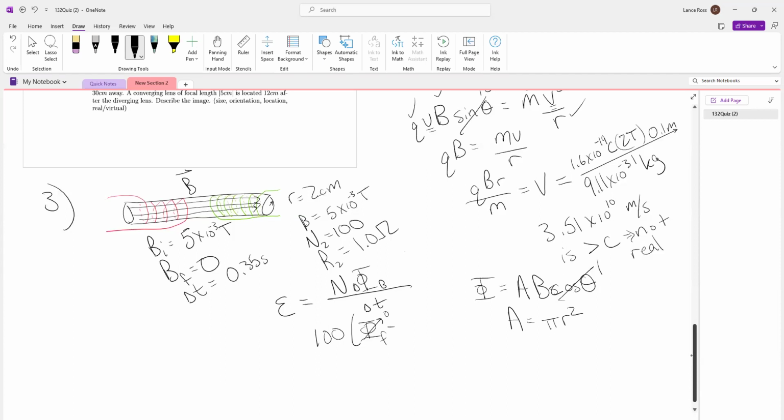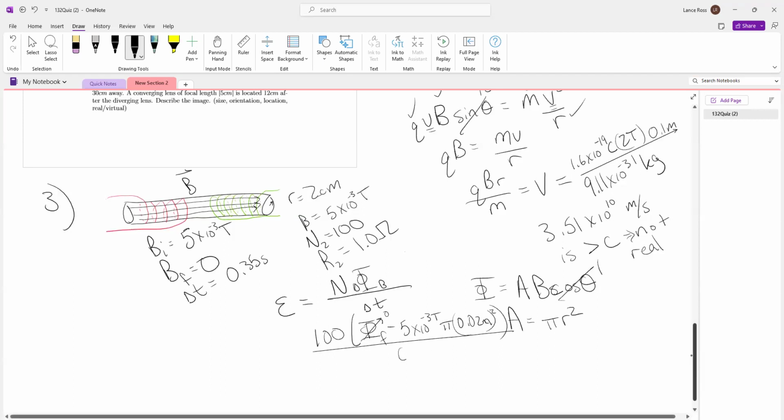We're given B is 5 times 10 to the minus 3 Tesla. And our area will be pi r squared. So pi times 0.02 meters squared. So that's our initial flux and our final flux divided by delta T, 0.35 seconds.